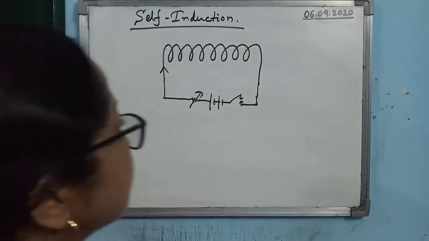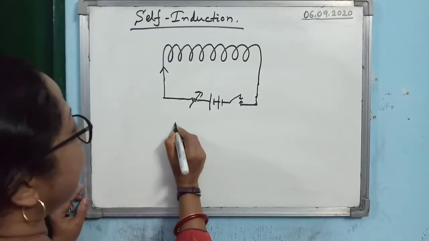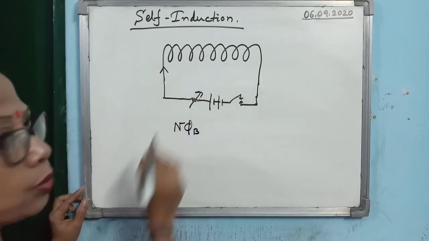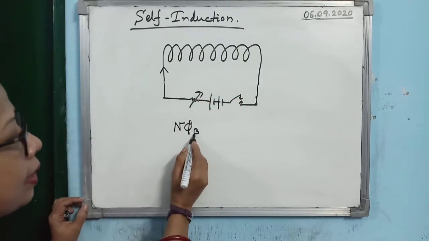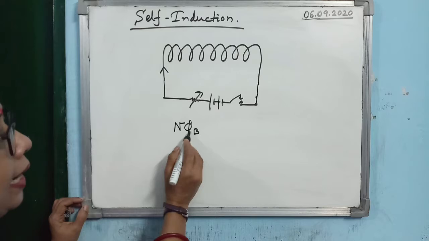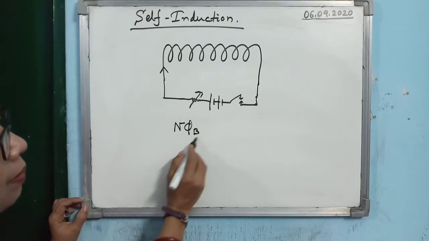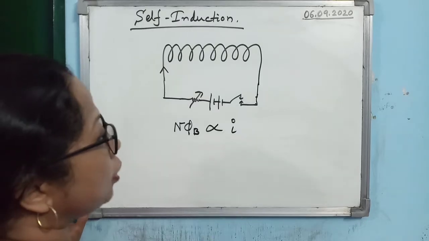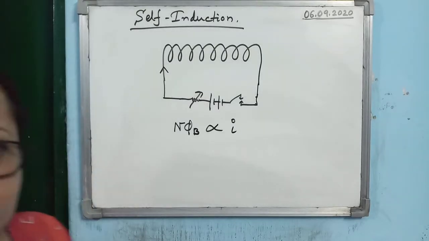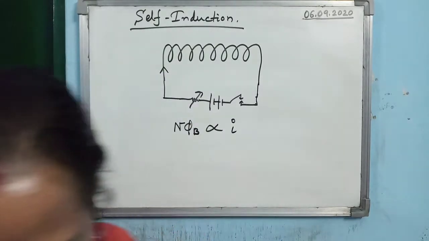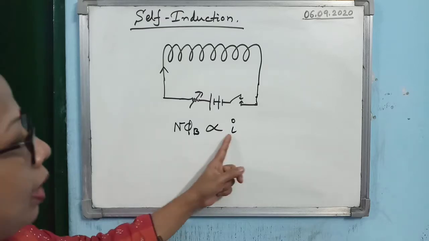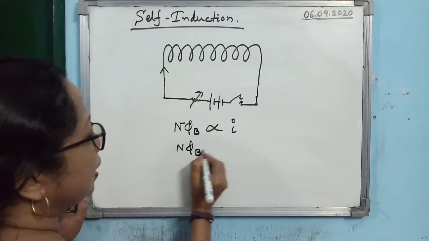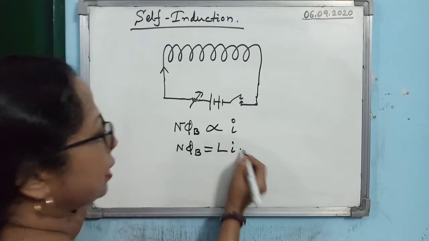In this case, if phi B is the magnetic flux linked with each turn, and there are N turns, then N phi B is the total magnetic flux linked with the coil. This will be proportional to the current passing through it. So you can write N phi B is equal to L into I.